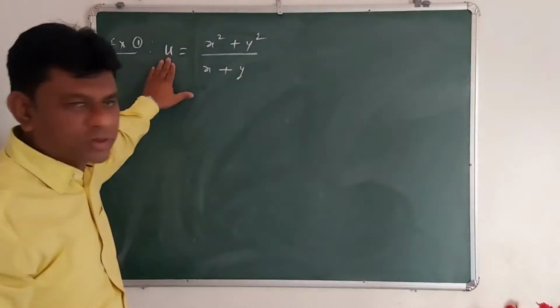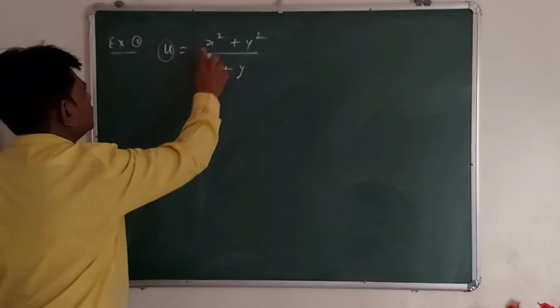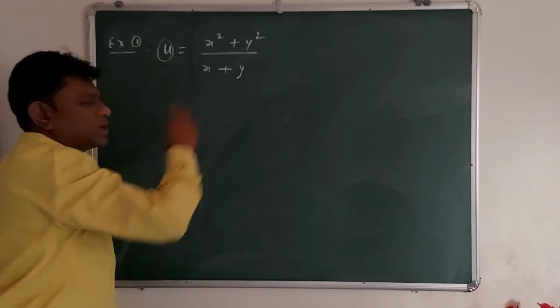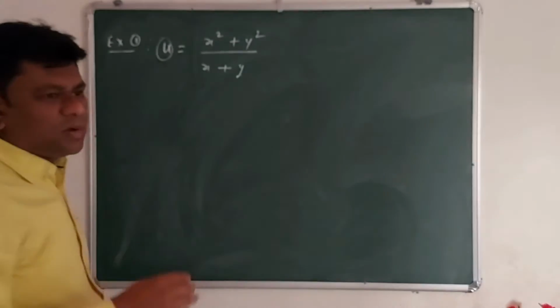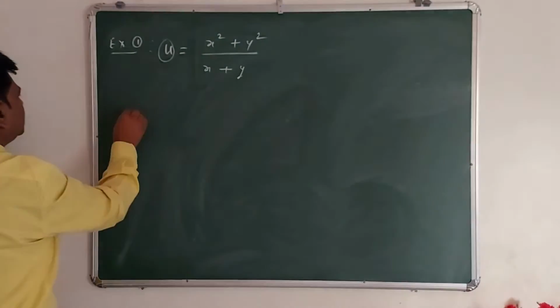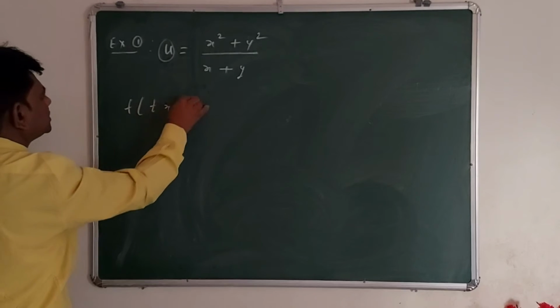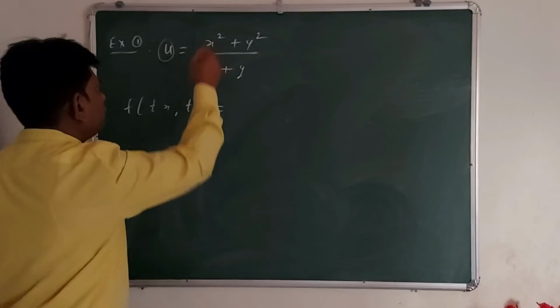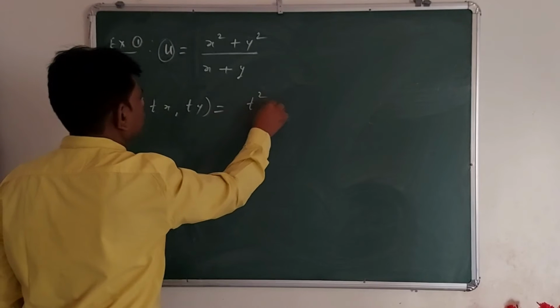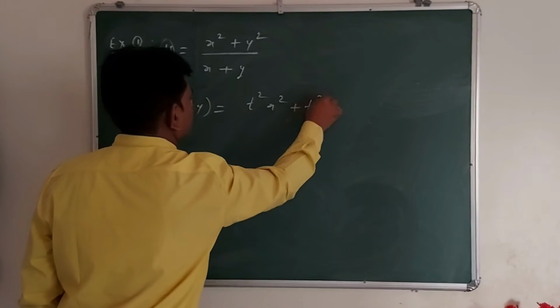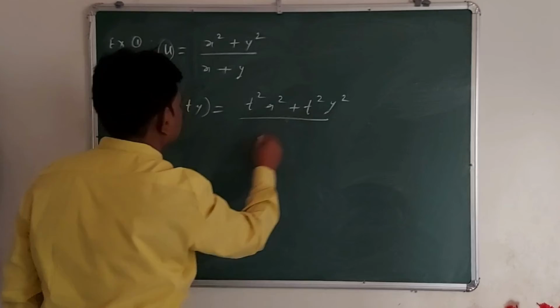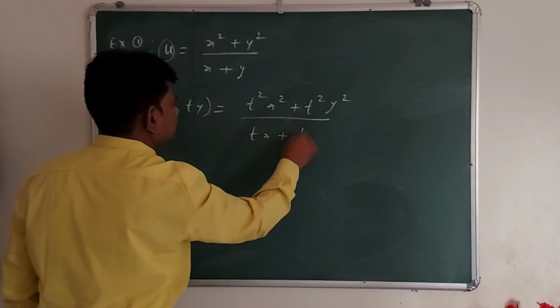Here function is denoted by u and this u is equal to x square plus y square upon x plus y. Now as per the t test, here this u is denoted by f of xy and f of tx ty is equal to t square x square plus t square y square upon tx plus ty.